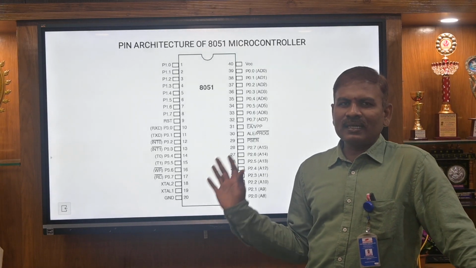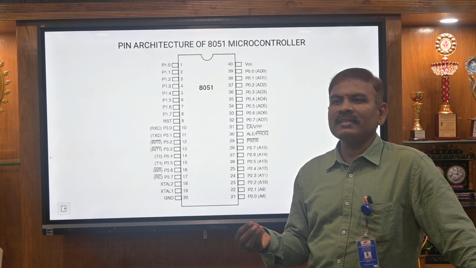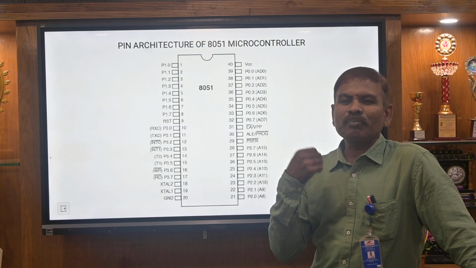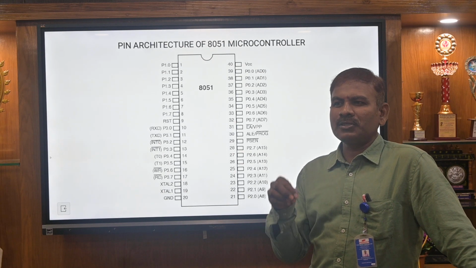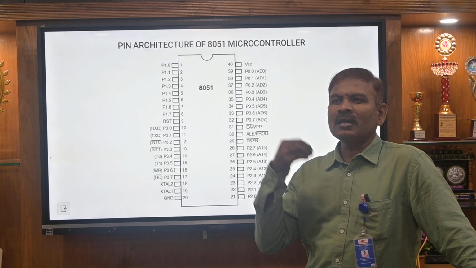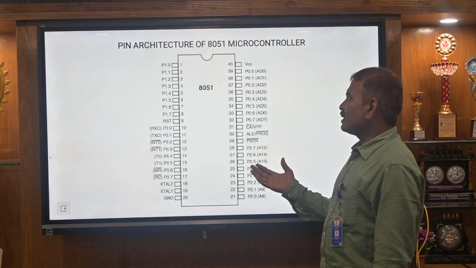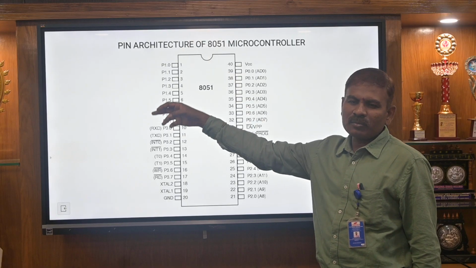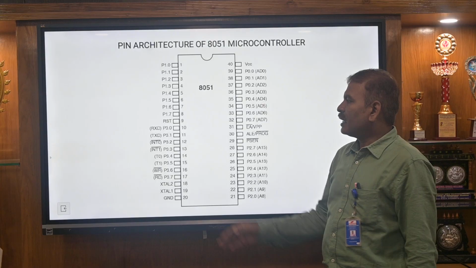The 8051 is for transmitting the data, that is the signal will be transmitted. In the processor, whatever operations we initiate are performed in the microprocessor.